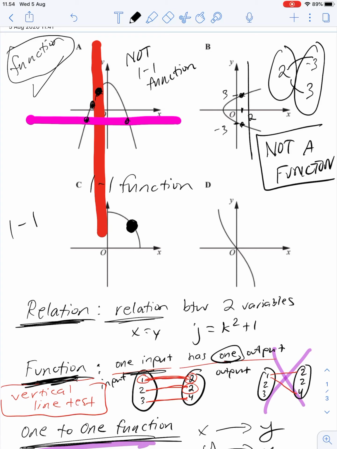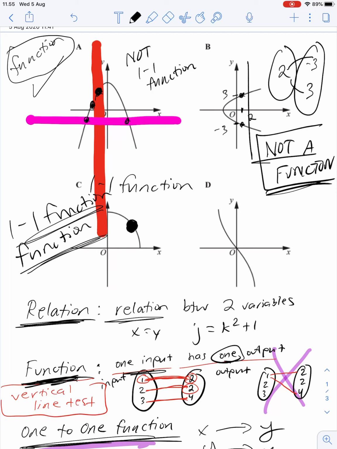So this is a one-to-one function, which means it's also a function. All one-to-one functions are also functions. If it's not a function, then it cannot be one-to-one.